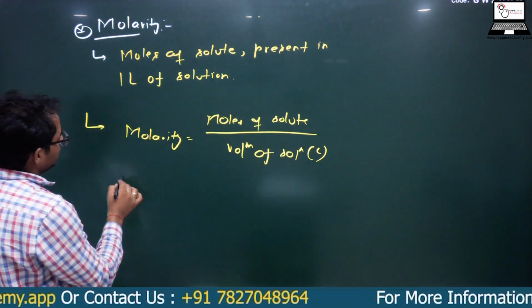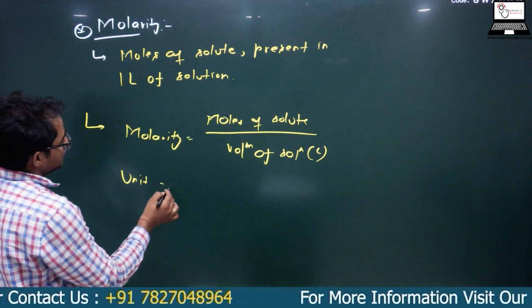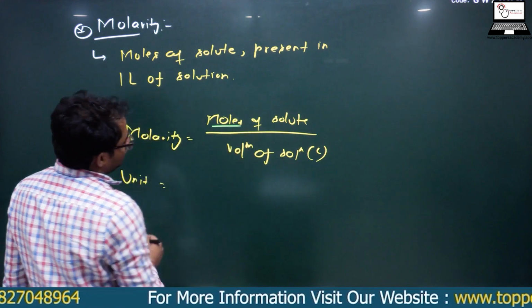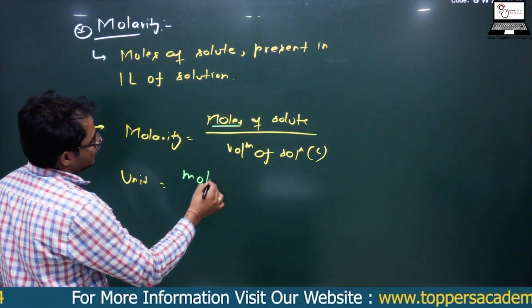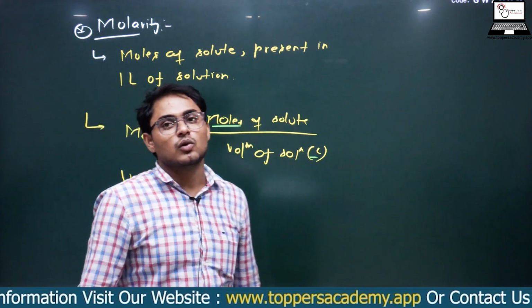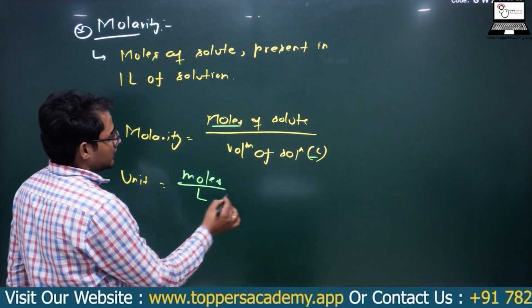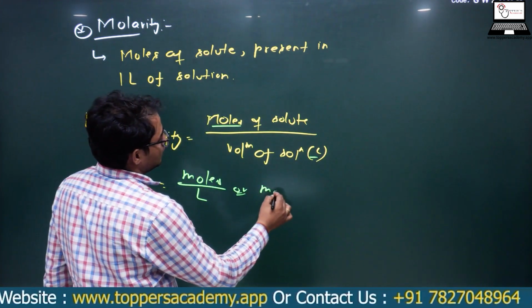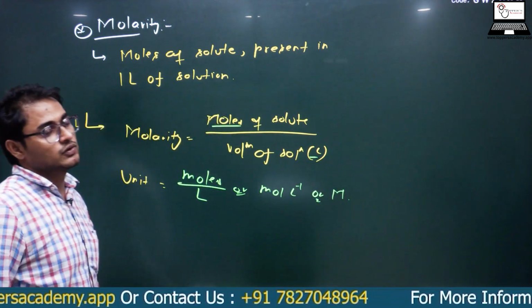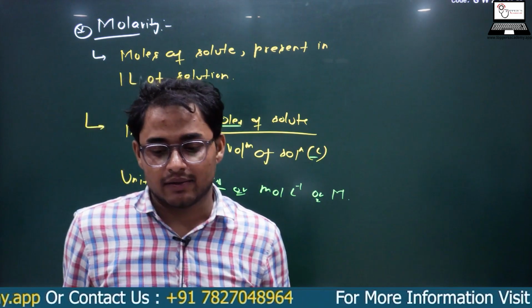So what will be the unit here? Unit for molarity, my dear friends. You can see that moles of solute is in the numerator, and volume of solution in liter is in the denominator. So mole by liter, or mole liter inverse, or capital M. These are the possible units for the term molarity, right?